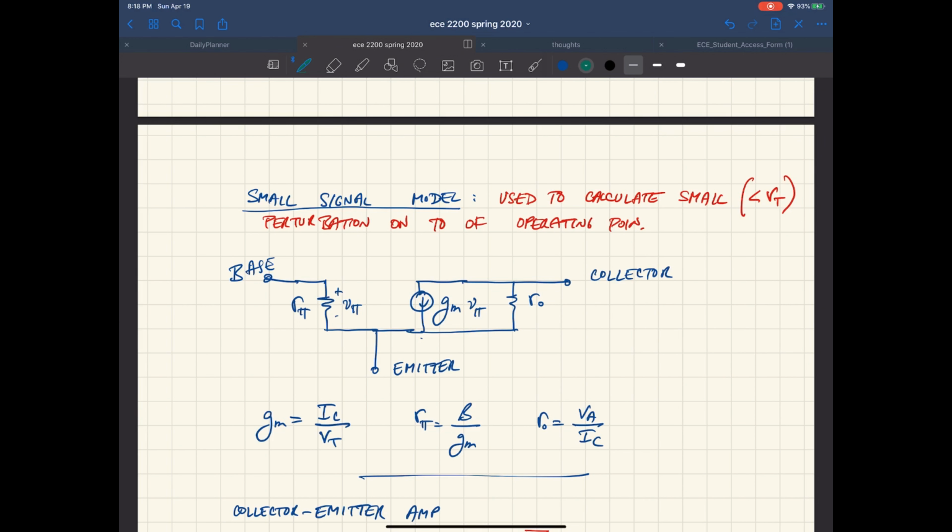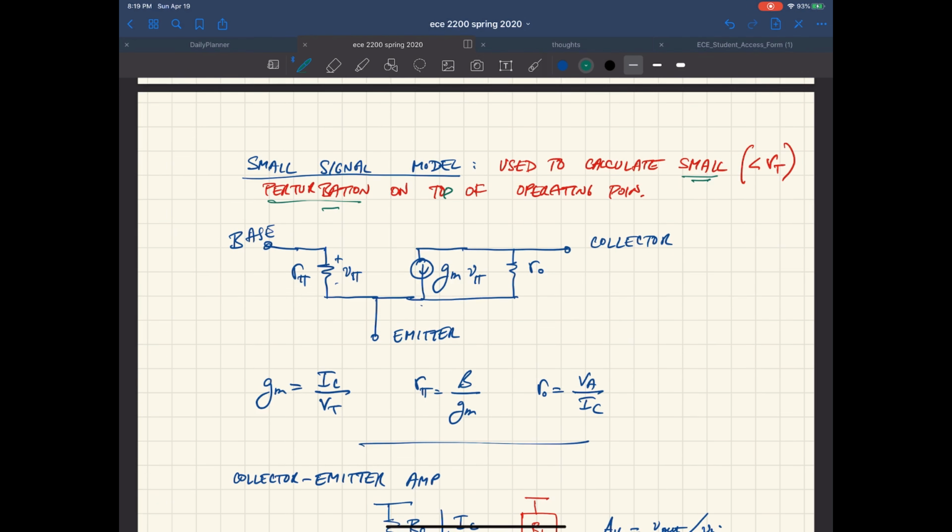So we created a small signal model, which is all linear components, and that's counting on looking at how small perturbations in input voltage are affected by the transistor. This is on top of the operating point, and it is a linearized model of the large signal model.